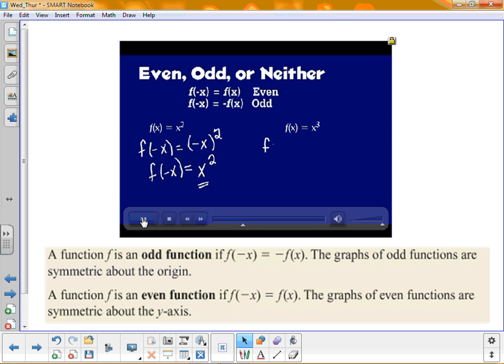Now, this time when you put negative x in, you don't get the same answer. Negative times a negative times a negative. So f of negative x is equal to negative x cubed. Not the same thing as the original problem.